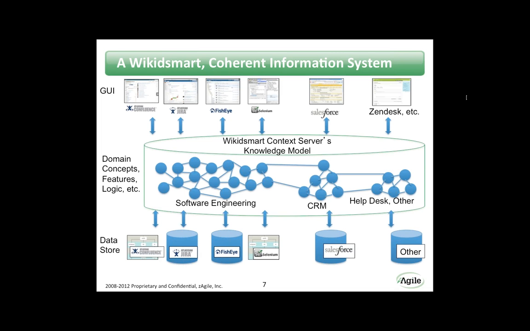So that's the power of what Wikidsmart delivers. It also enables you to drive new solutions like requirements management from within the Confluence wiki. Because remember, this knowledge model encapsulates the concepts of software engineering, including requirements management. So again, we're able to manifest that solution right within the Confluence wiki in a way that's integrated with JIRA.